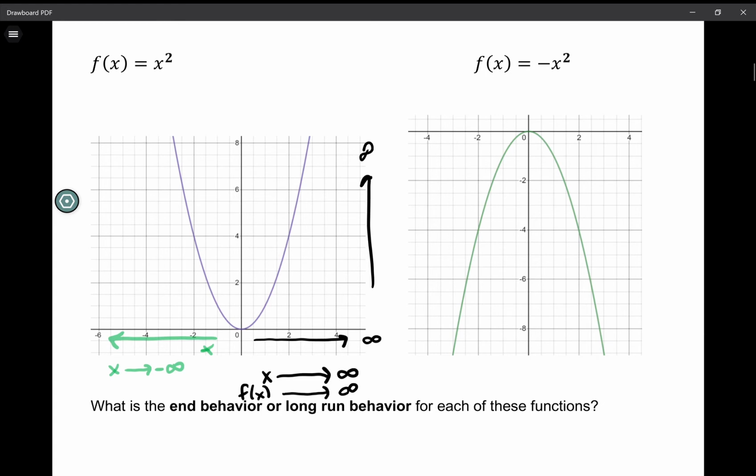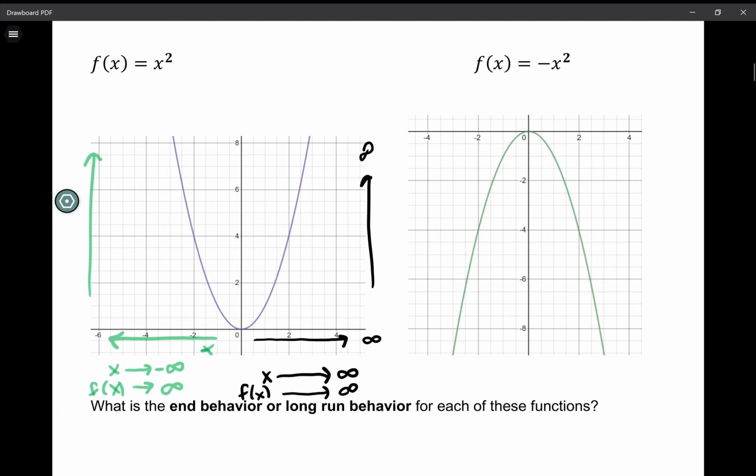So as x goes to minus infinity, the function is still going up, getting bigger and bigger. f of x goes to positive infinity. No matter what happens, if x goes to infinity or to minus infinity, the function gets as big as you need it to get. That's called end behavior.